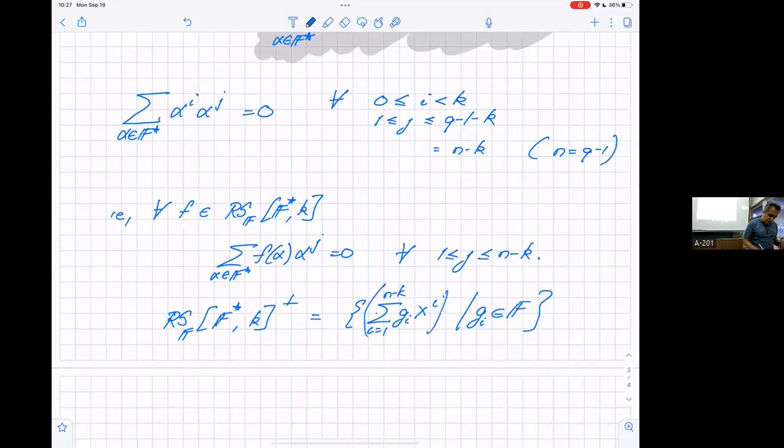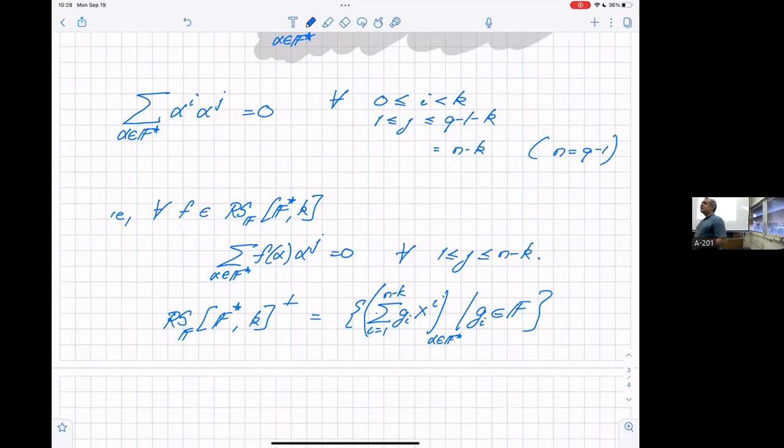I write this as a polynomial, but when I talk about the dual space, I have to evaluate it. So fair enough. This is not super nice, but let's work with it. For F star, the dual space is this. Last time I had said that for F star, for any S, the dual space is always Reed-Solomon. This doesn't seem to be Reed-Solomon the way I said it.